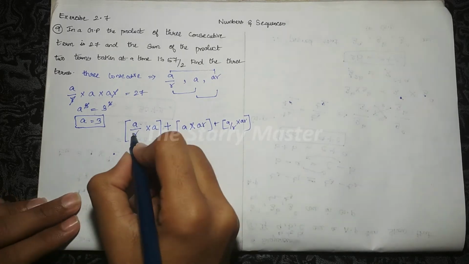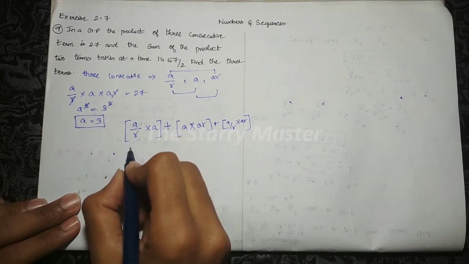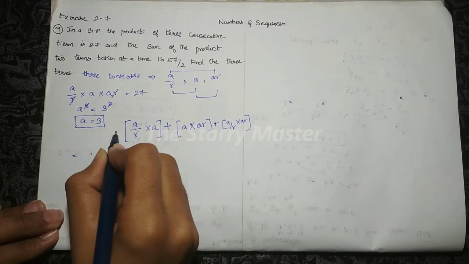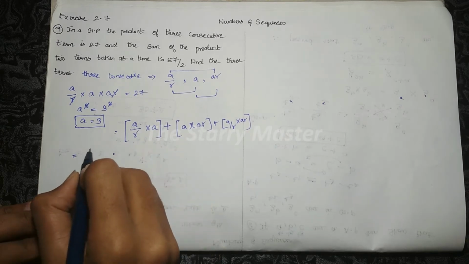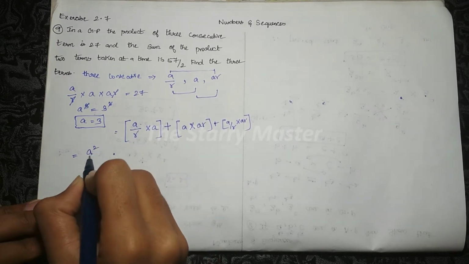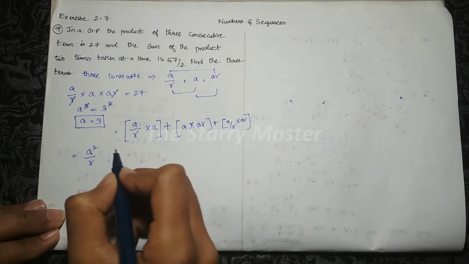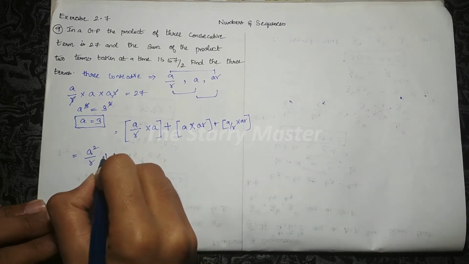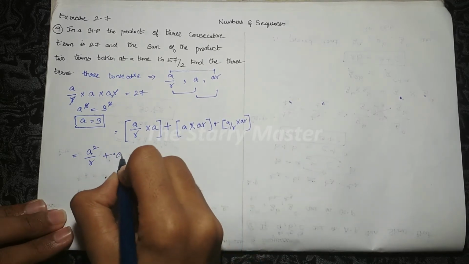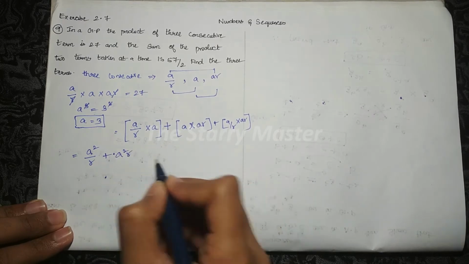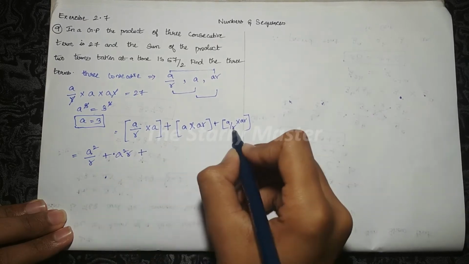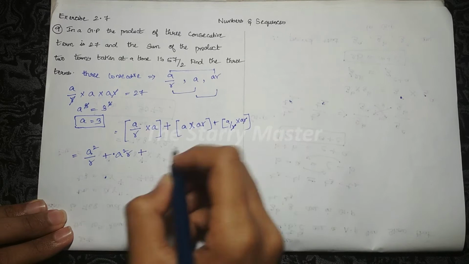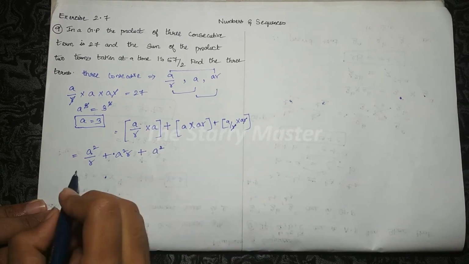So we get a into a square by r, then plus a into a square into r, so a square r, plus we cancel r here and have a square r square.